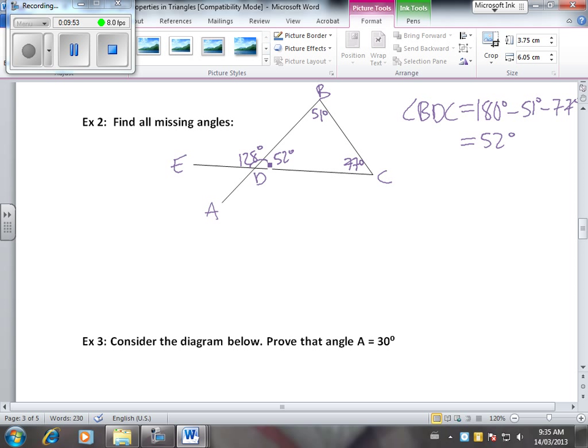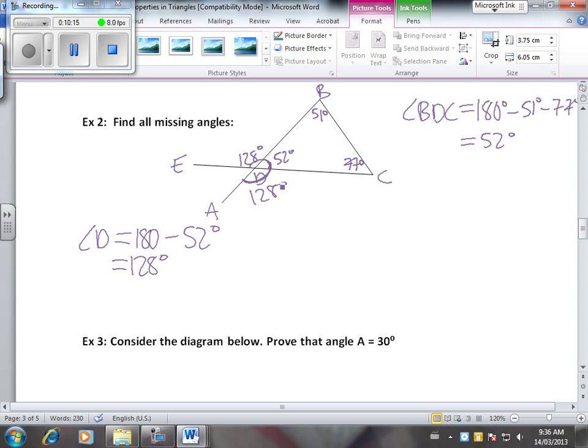And then we can look at this, using what we know. If we know that this is 52 degrees and this is also on a line, angle D will equal 180 degrees minus 52 degrees, so that will equal 128 degrees.